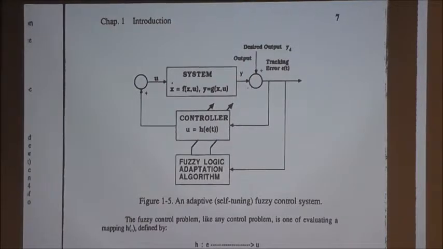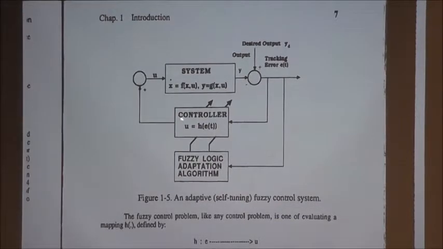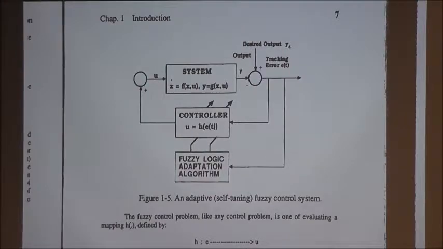Therefore, the original controller may not be good enough. So you can do this supervisory loop, which is right here. This is the supervisory loop. You can use it to adjust the parameters of the controller H of t.